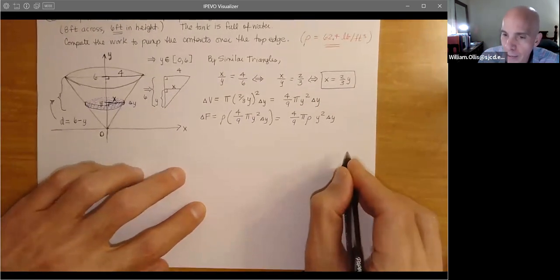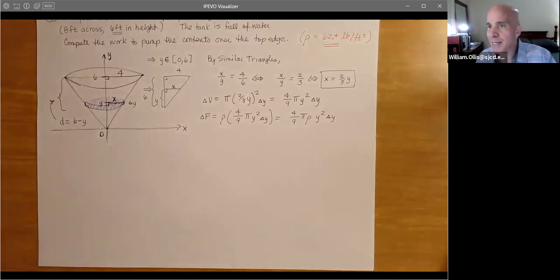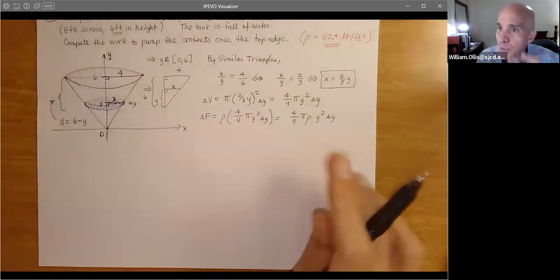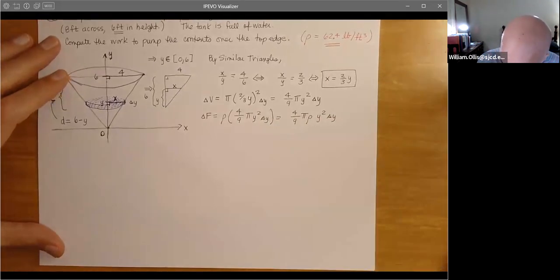Just a lot of writing. So just make sure you don't leave out anything. That's the easiest thing to do with these problems. You know, with the disk method, you leave the pi out. You get to the end, you say, wait a minute, where's the pi? Oh, I left it back up at the top of the page. So all the same ideas moving through this problem.